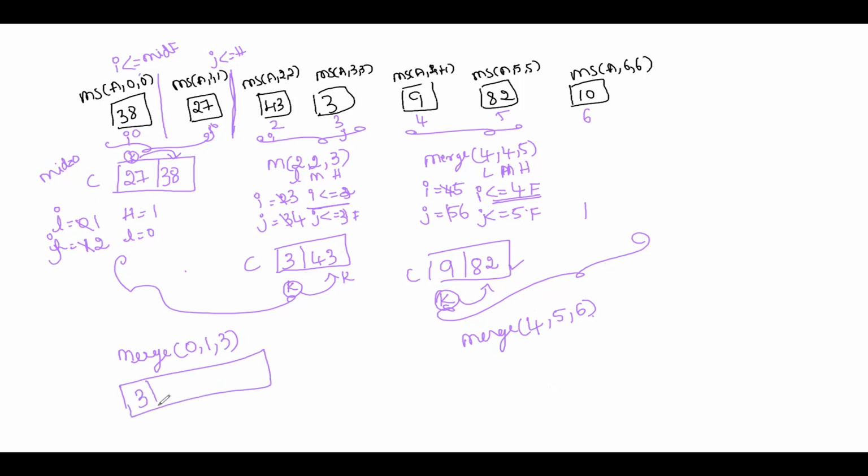So just like how we did this, after the completion of this, we are going to get the array 3, 27, 38, and 43. Similarly, after the completion of this, we are going to get the values 9, 10, and 82. So once again, the merge function is going to be called here.